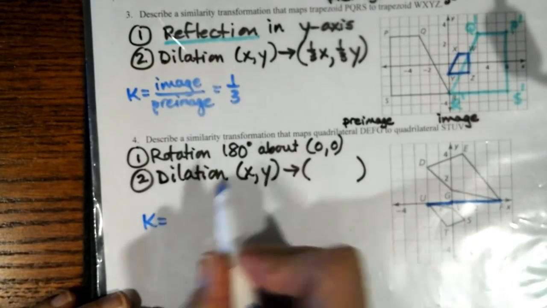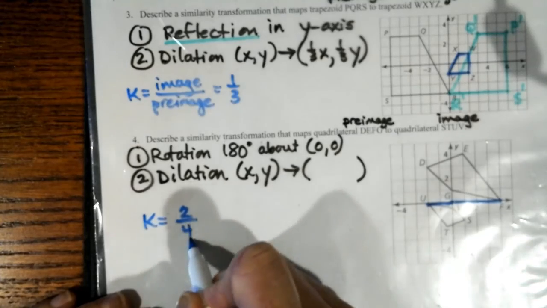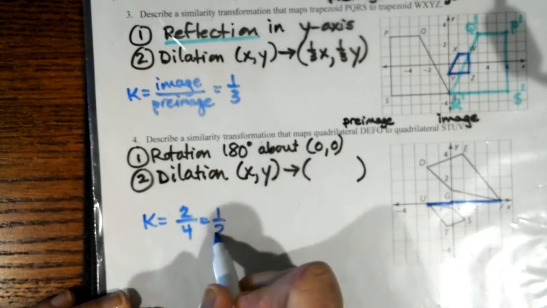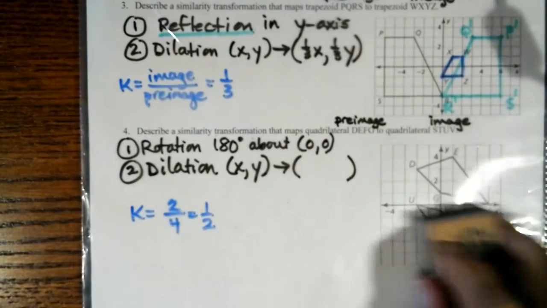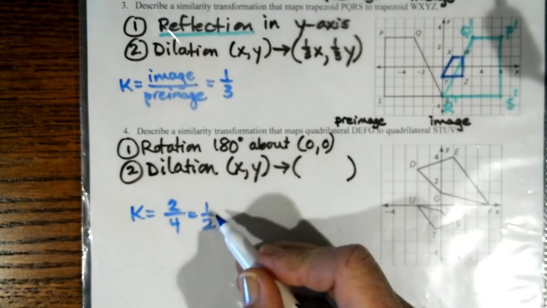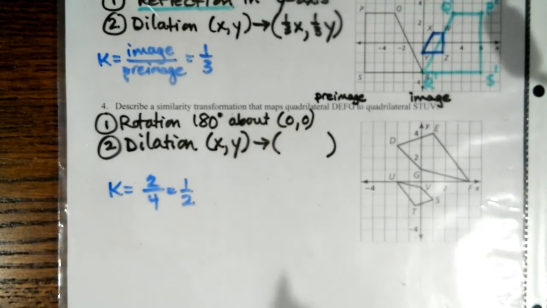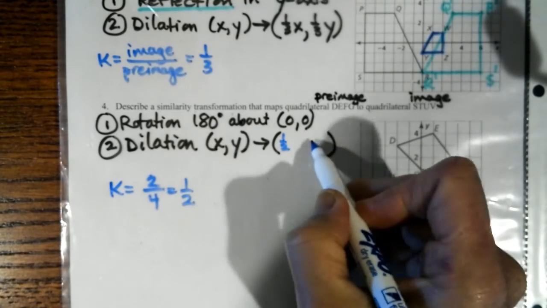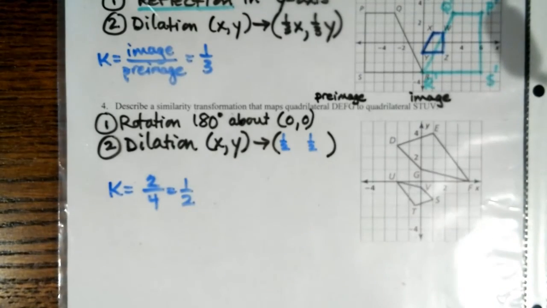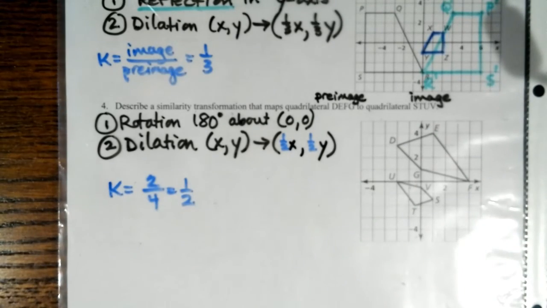It's the image, which is 2, over the pre-image. It's getting smaller. So from here to here is 2, from here to here is 4. That gives us a scale factor of 1/2, which means both of these, the rule is we're just going to take half of those numbers, okay, and do that.